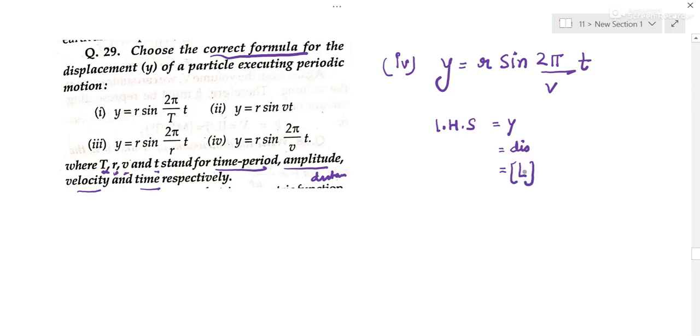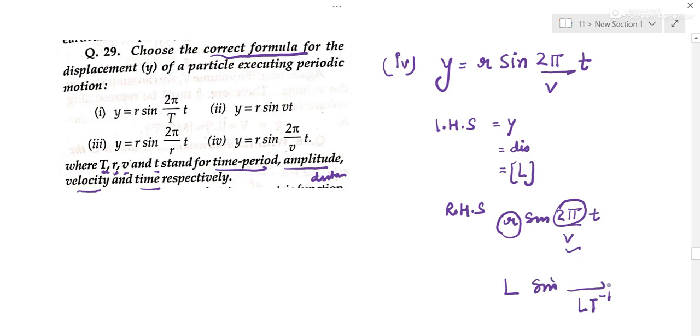Now let us talk about the right hand side. Right hand side is r sine of 2 pi by velocity into t. Now r is distance. 2 pi is number, so it is dimensionless. Velocity is LT minus 1, that is distance upon time, and this is t.